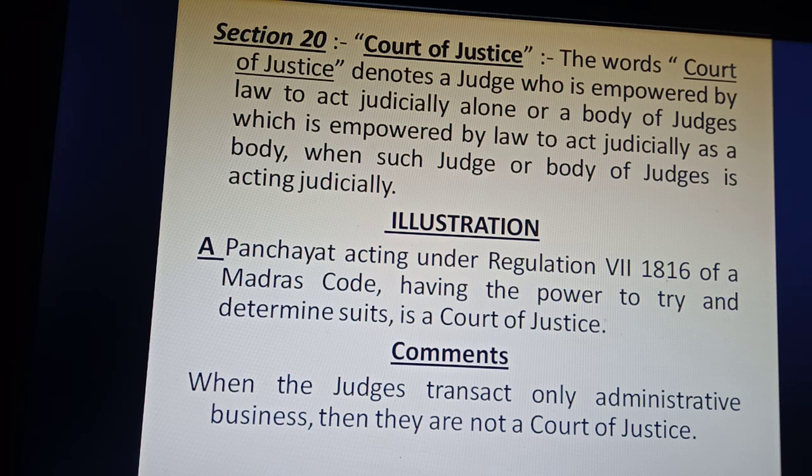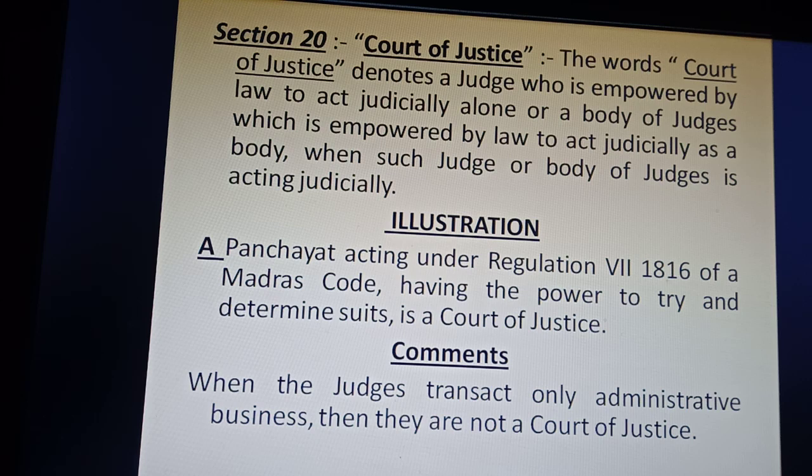If that judge or body of judges are not acting judicially, then they cannot be regarded as a court of justice. For example, if a judge or body of judges are acting administratively, not judicially, then that judge or body of judges cannot be considered to be the court of justice. But if they are acting judicially, then they will be regarded as court of justice at that time.